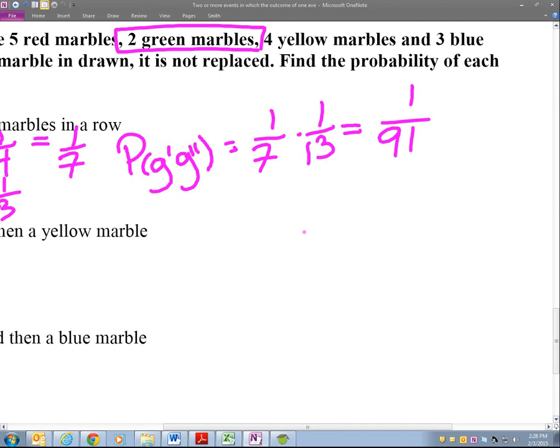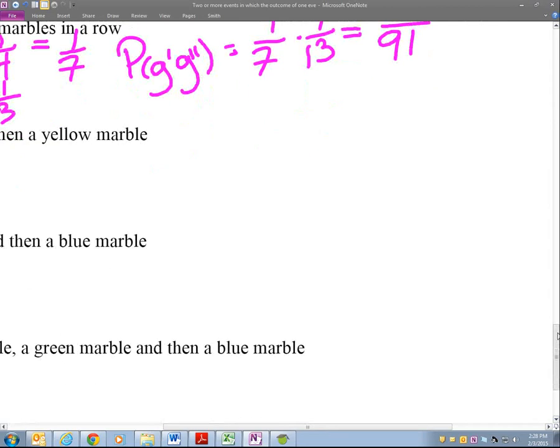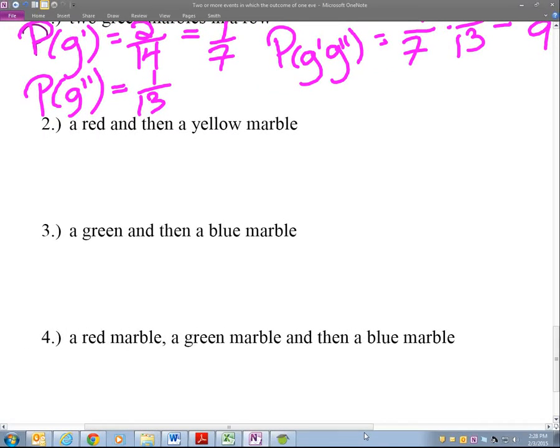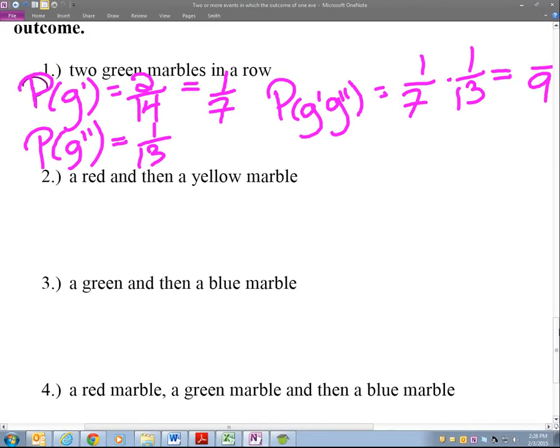So the probability of drawing 2 greens in a row is 1 in 91. And I can't reduce that, can I? No.